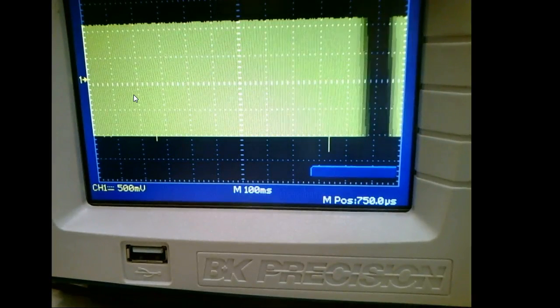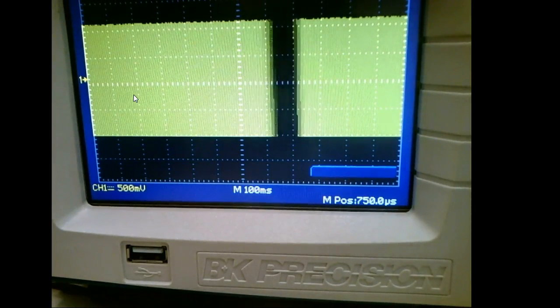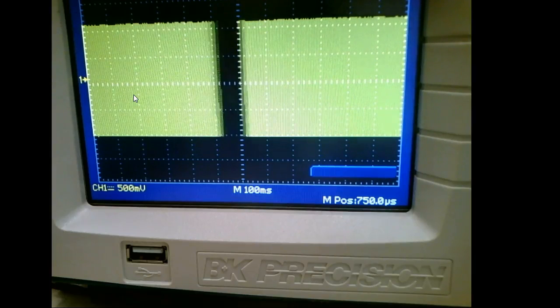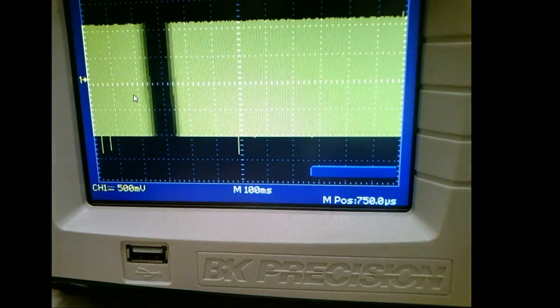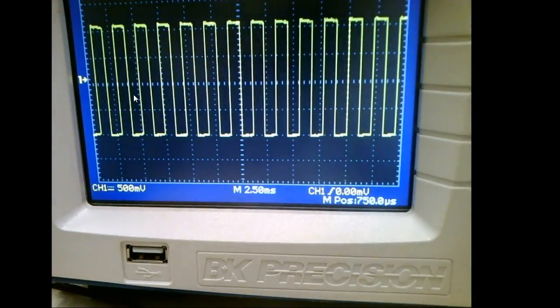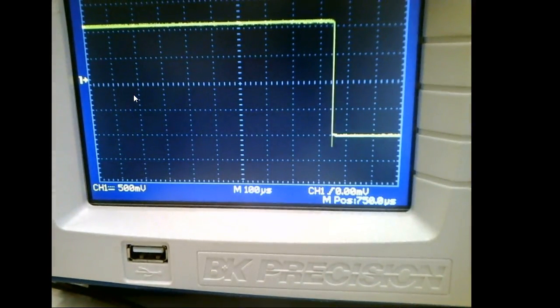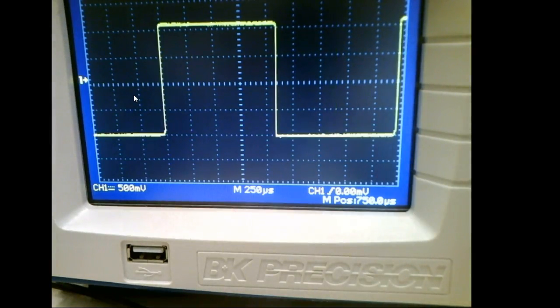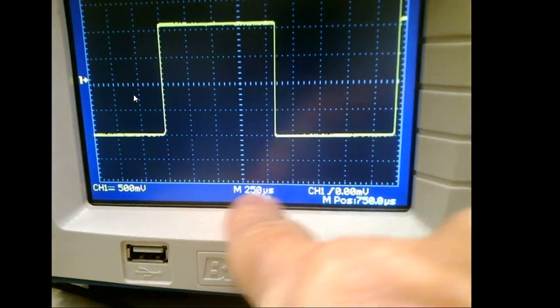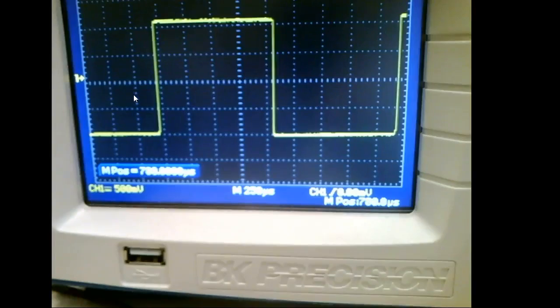So what we do is we speed up our scope, which means less time per division, and then these guys will come up here and start spreading out. Now my ultimate goal is to get one cycle on my screen because that's when my scope is going to be the most accurate. So I'm going to slow this thing down, which means I'm going to put more time per division, and now I can see one cycle.